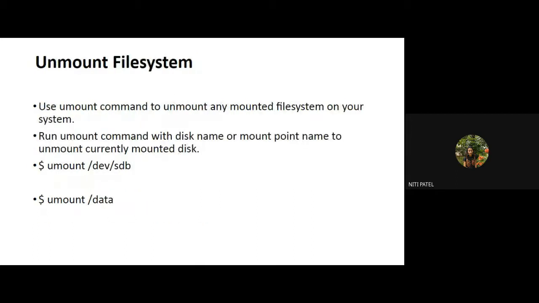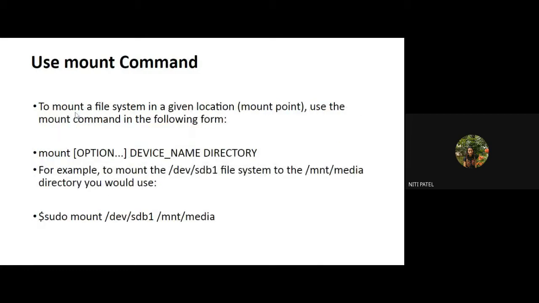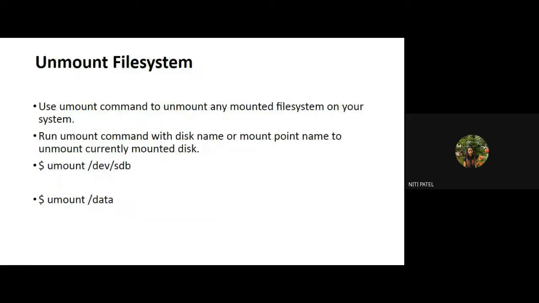Okay. Same if I want to unmount, I have to use a command called umount. So for mount, the command is mount itself, but for unmount, the command is umount. You can unmount the file system either by using the mount point name or directly by using the disk name.